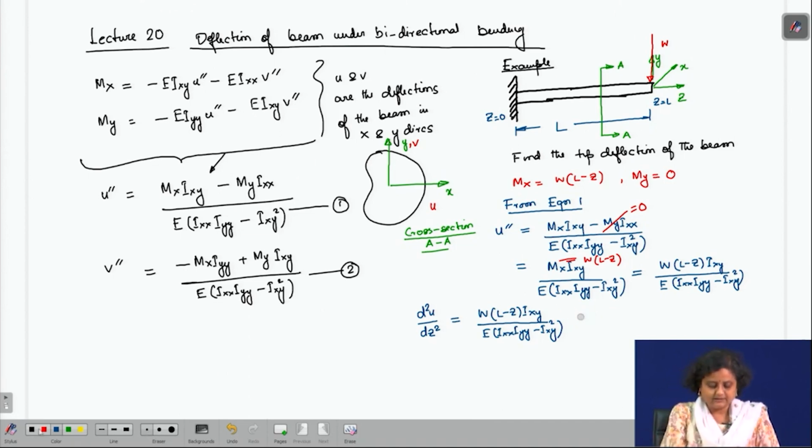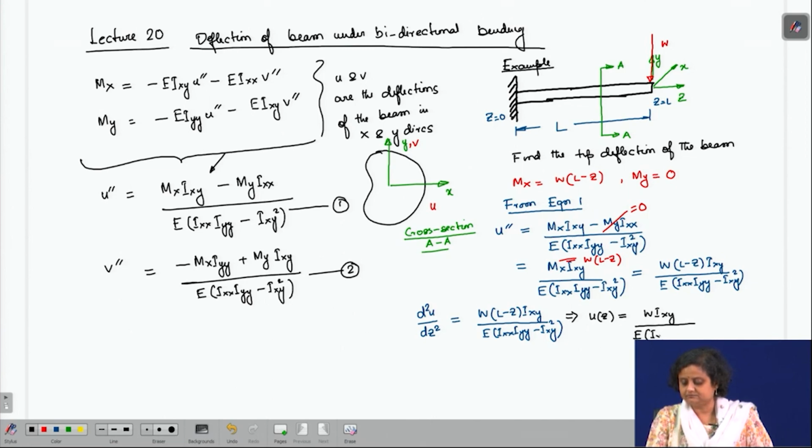Let us integrate this and then we will get u dash z equal to W Ixy into, if we integrate this, L z square by 2 minus z cube by 6 plus C1 z plus C2.